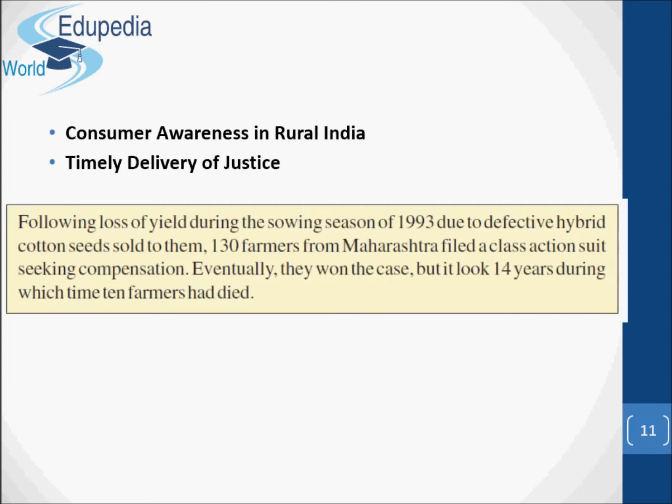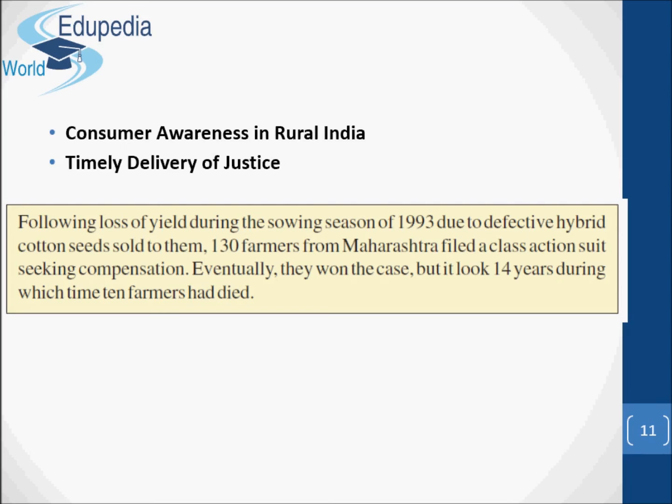So please read the following case that illustrates these points. Following loss of yield during the sowing season of 1993 due to defective hybrid cotton seeds sold to them, 130 farmers from Maharashtra filed a class action suit seeking compensation. Eventually, they won the case, but it took 14 years, during which time 10 farmers had died.